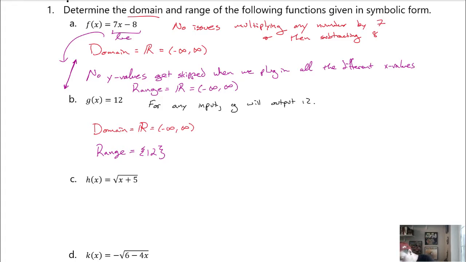So given a square root, we can only take the square root of positive numbers and 0.